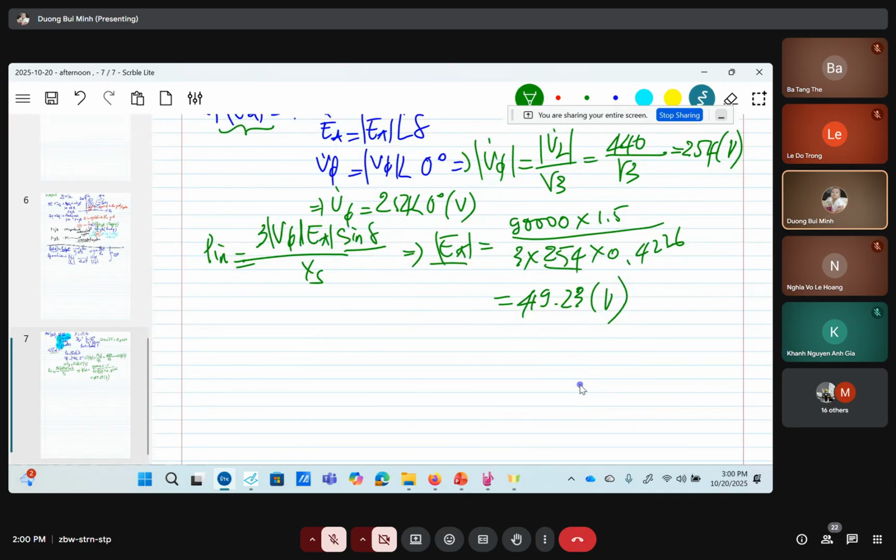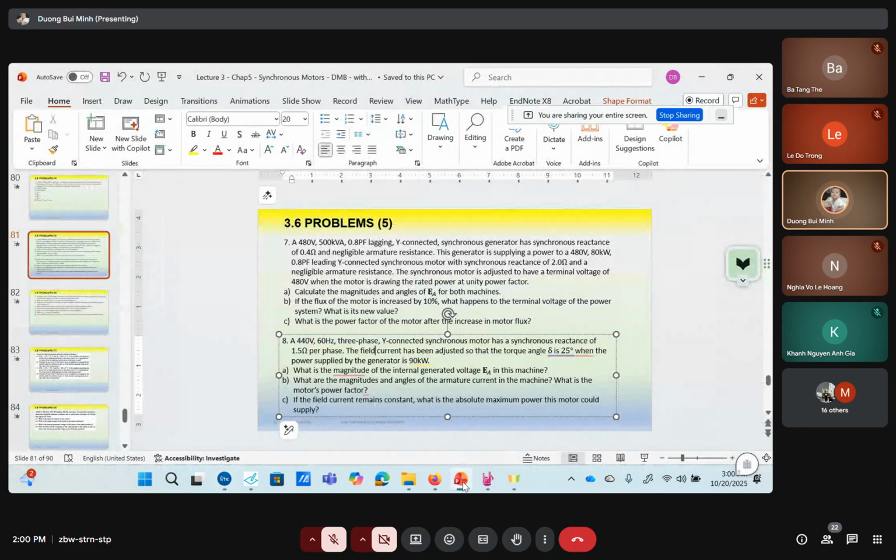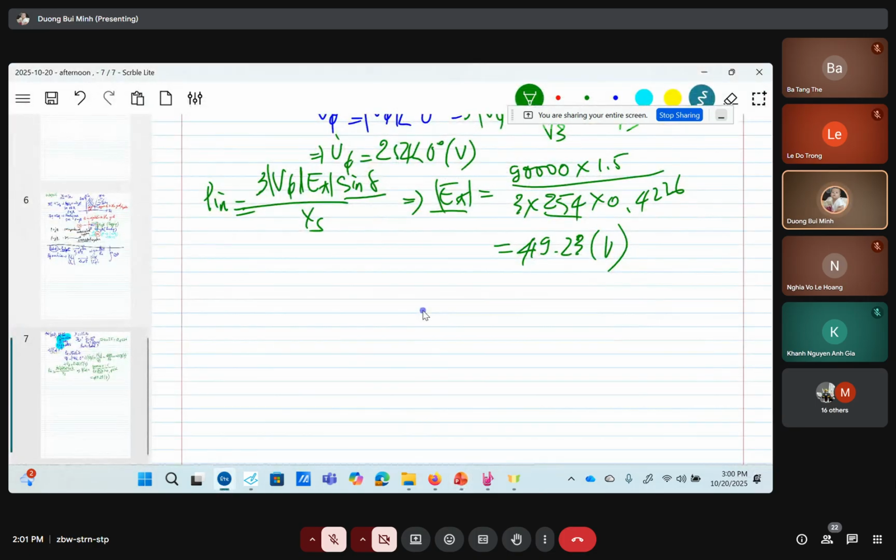Now you can draw the phasor diagram. Here, this is V phase equal to 254 with 0 degrees. We know EA with the 25 degree angle. Okay, so this one is a synchronous motor and lagging. So IA is somewhere here, and IA should be at the bottom.